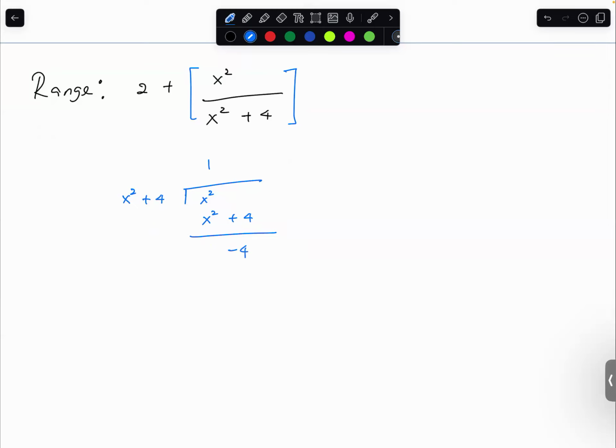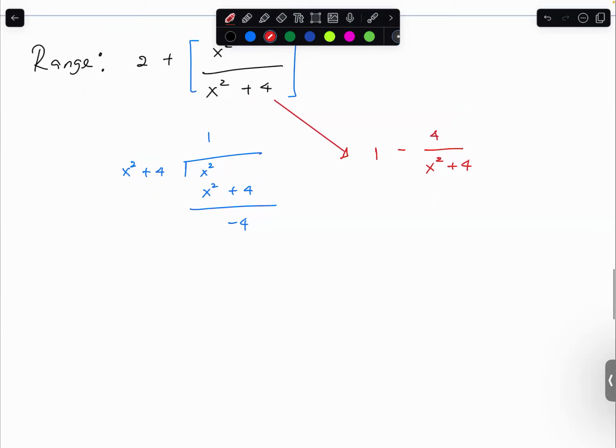So this expression is exactly equal to 1 minus 4 over x squared plus 4.